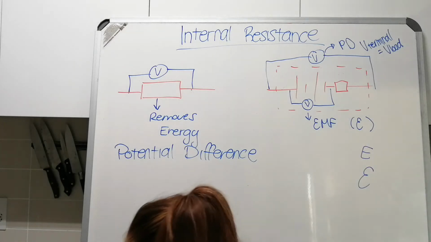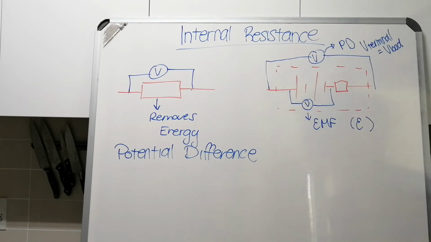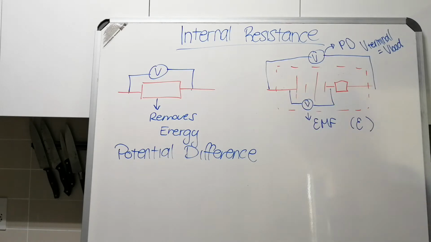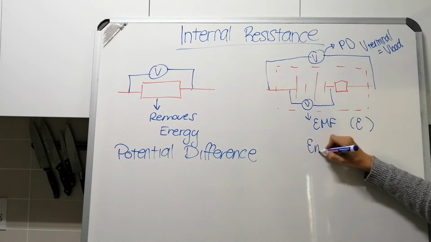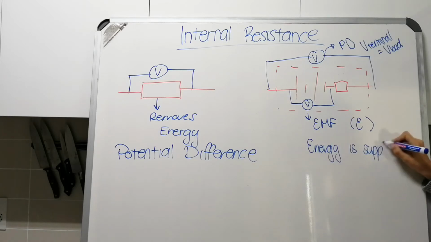So the EMF is what we call the potential when the potential is being supplied to the circuit, and that's just over the supply over here. Okay, so this is when energy is supplied to the circuit.